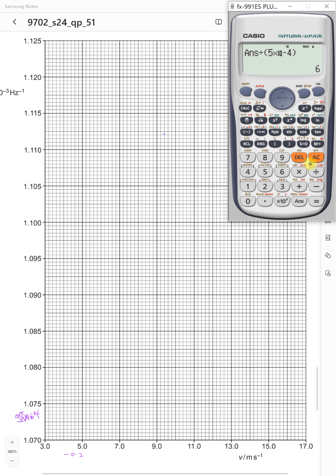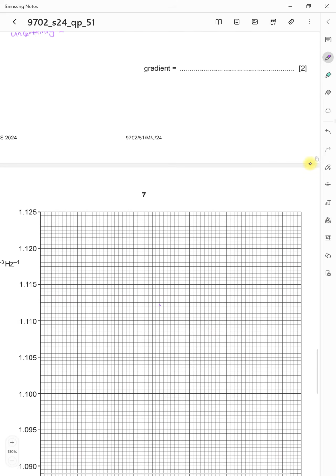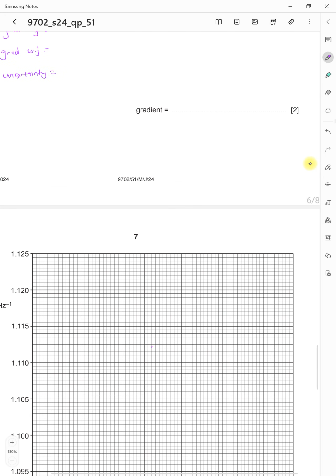So 2.5 squares on the x-axis and then 6 squares on the y-axis. So this is going to be the point, in the middle of this box.